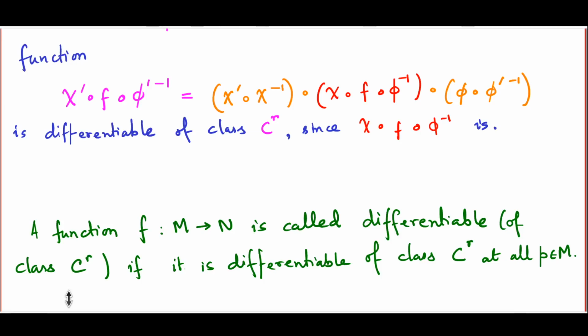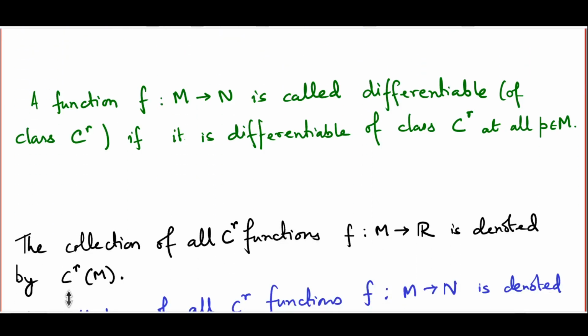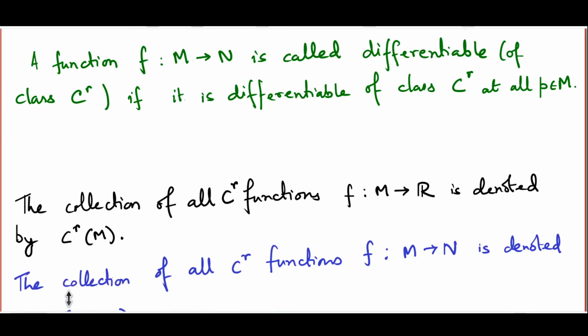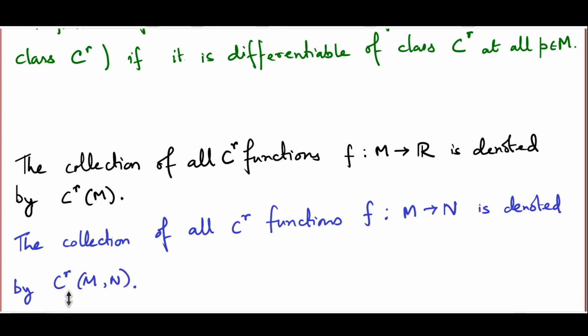Now for some nomenclature. The collection of all C^R functions f from M to R, the special case where the image is a set of real numbers, is denoted by C^R(M), and the collection of all C^R functions f from M to N is similarly denoted by C^R(M, N).